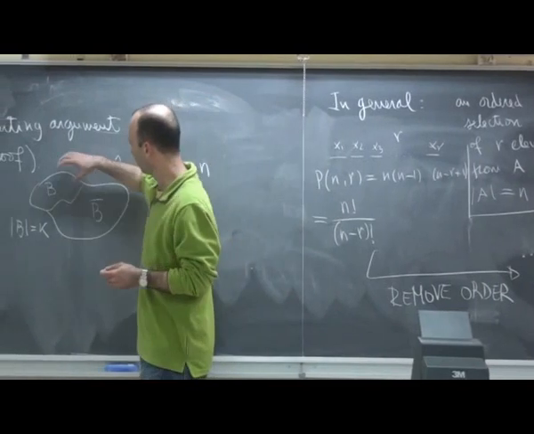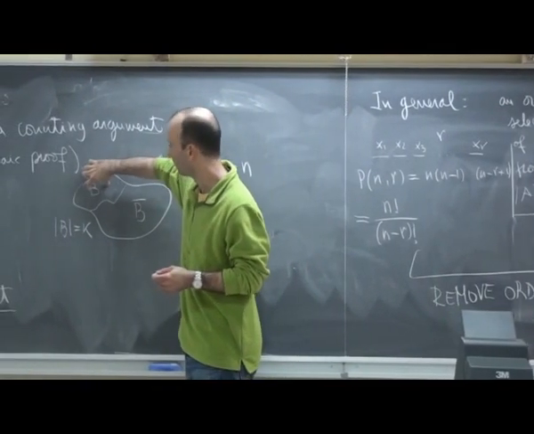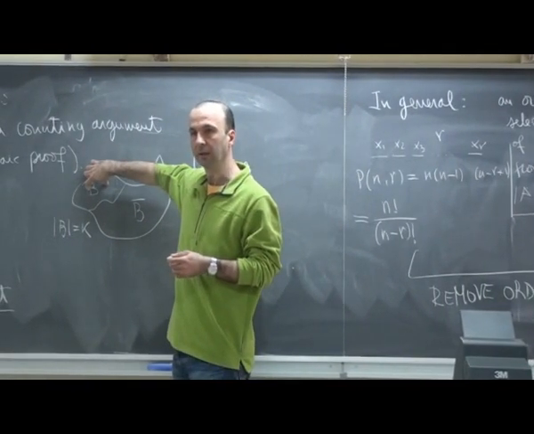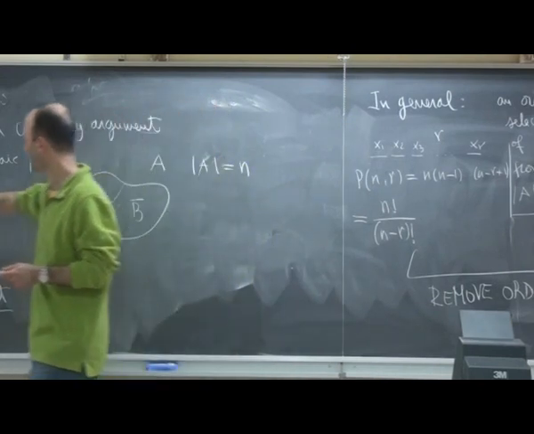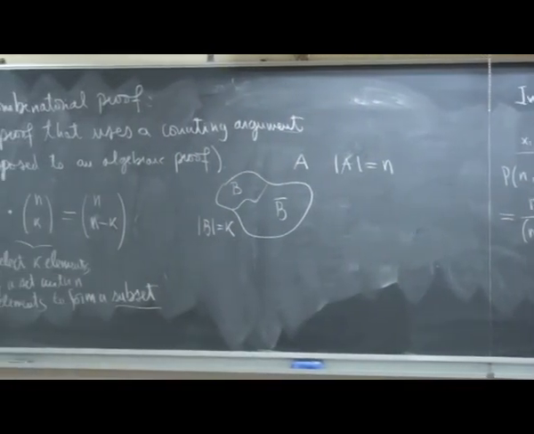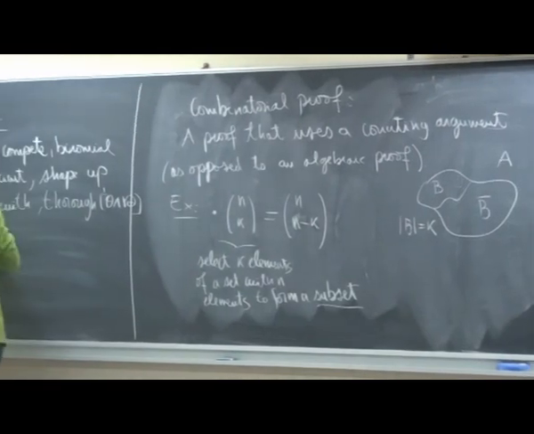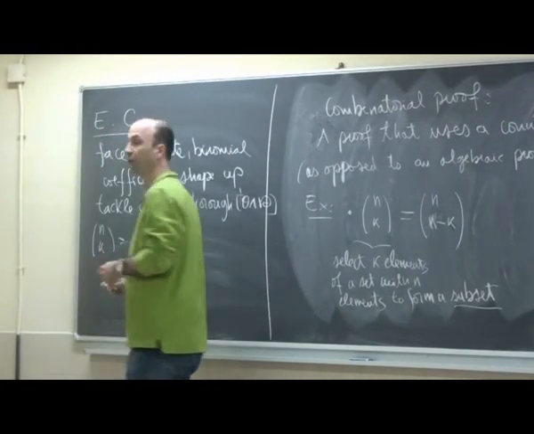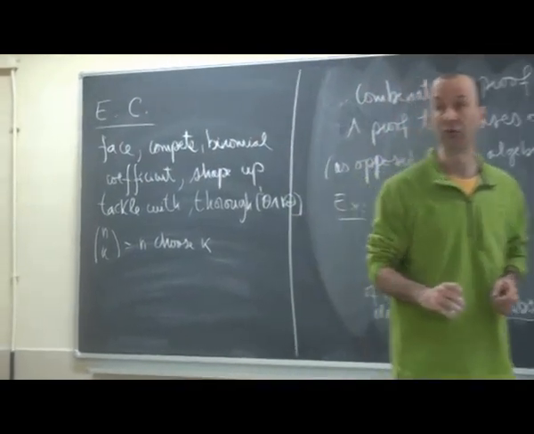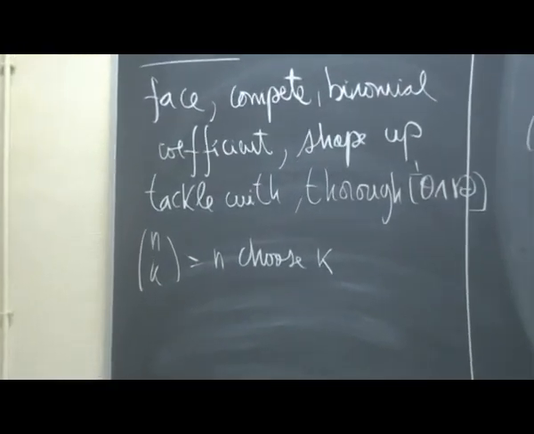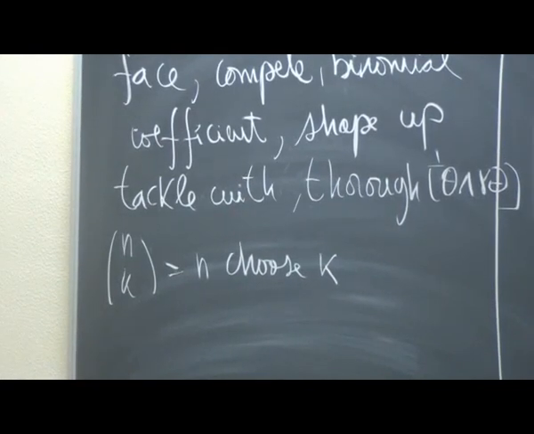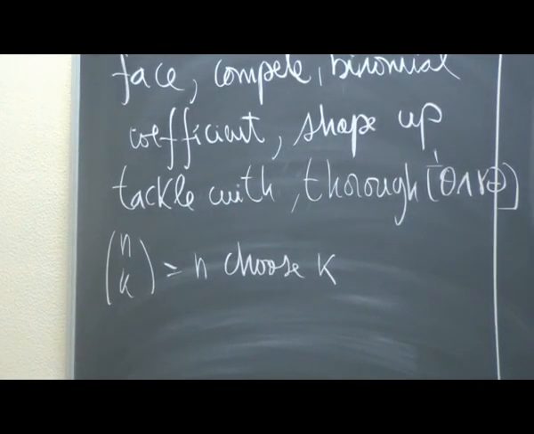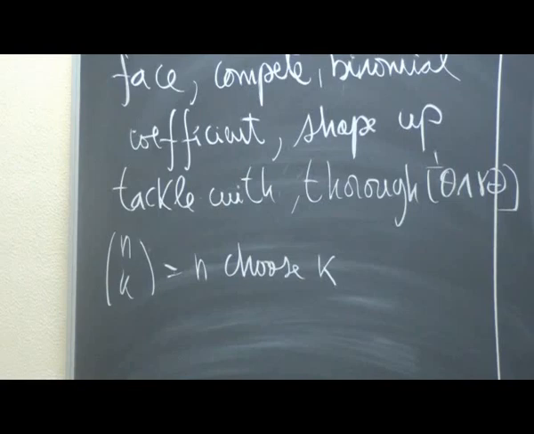So how many ways do I have to select B? N, okay, how do you call this thing? N choose K. That's the way to read it. So here I have N choose K, right? So how many do I have here?